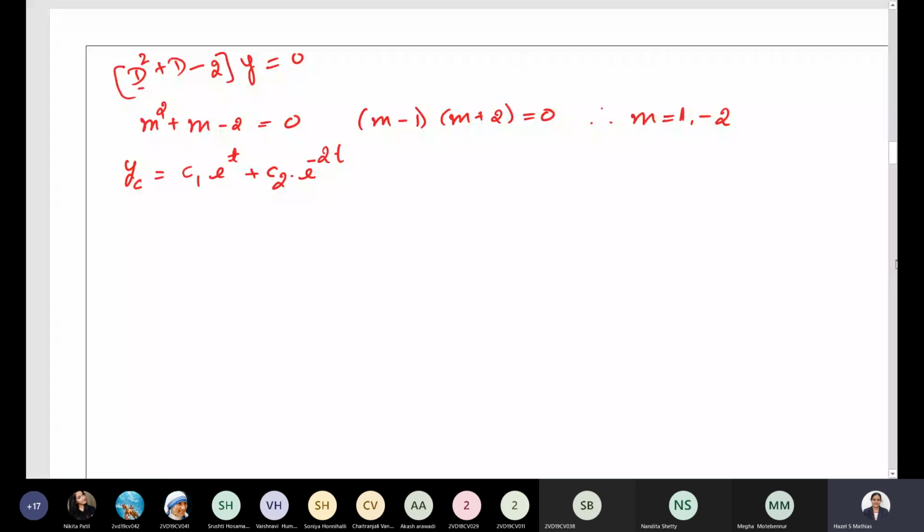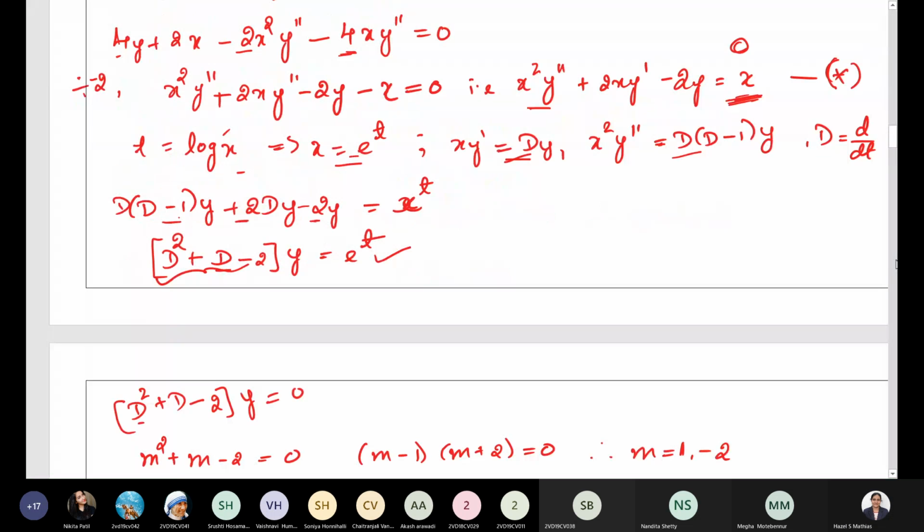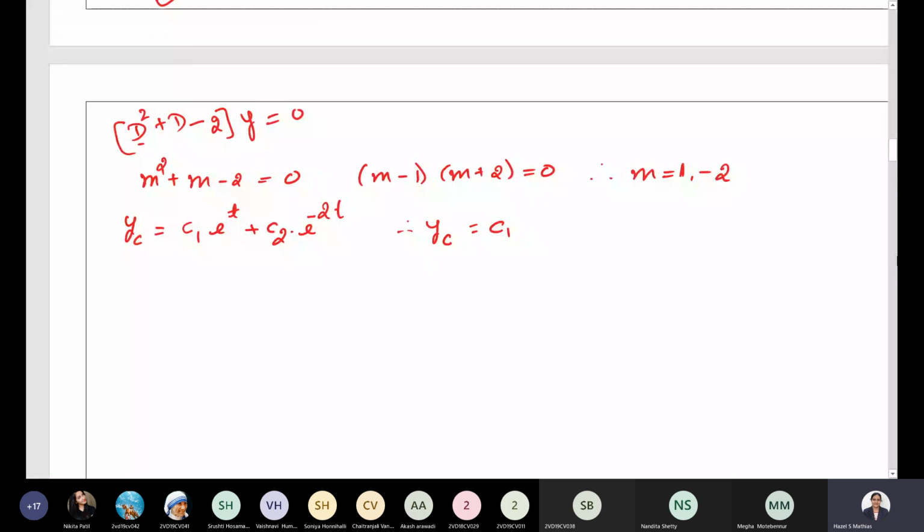So this is the complementary function, write it in terms of x now. So what will be c1 into e power t? Here t is taken as log x. When t equals log x, e power log x is x.